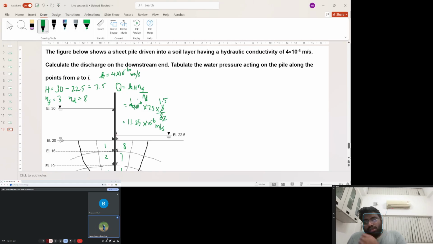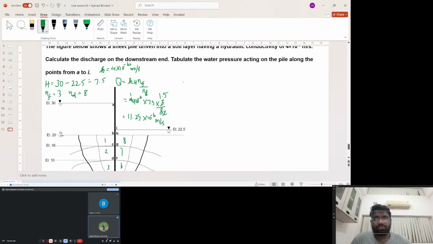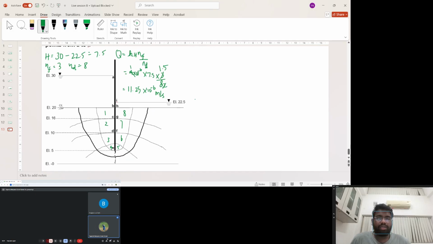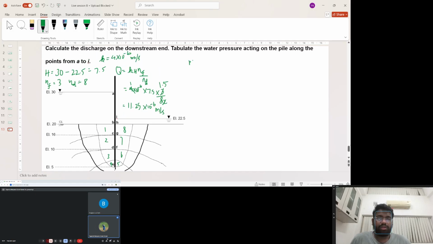Now coming to the water pressure at several points. For that we need to tabulate it. So let us create a table here. This is point. Now let us calculate the elevation head. In this case, water pressure is nothing but pressure head. So we need to calculate the pressure head at each and every point during the flow.